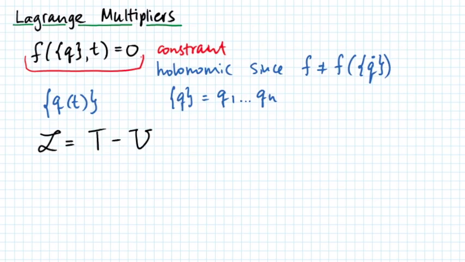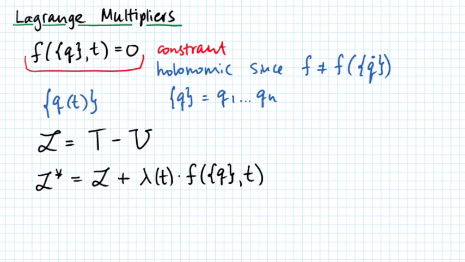A way to proceed is to write a modified Lagrangian, we'll call it L star, which would consist of the unconstrained Lagrangian plus another part, which will disappear when the constraint is met. In the most general way, we can write this additional part as some function of time, lambda, times the constraint.